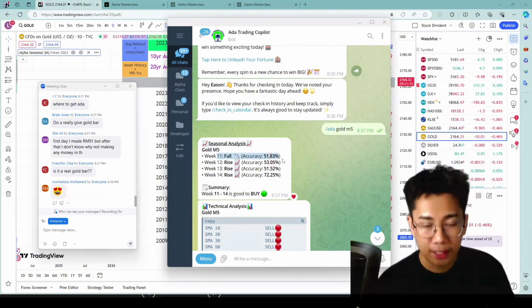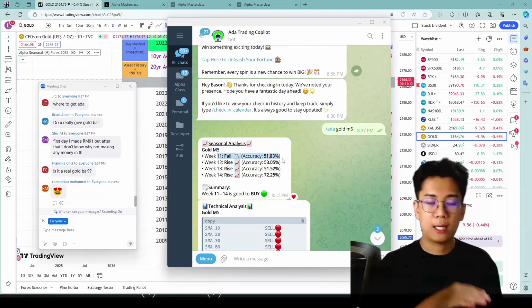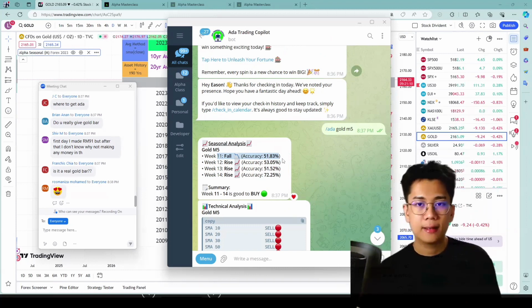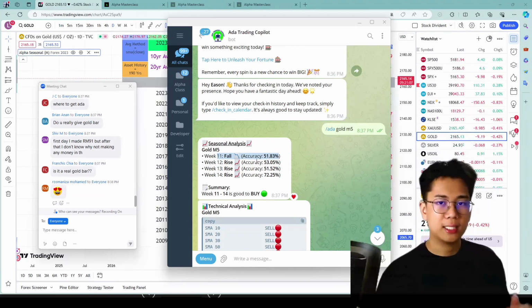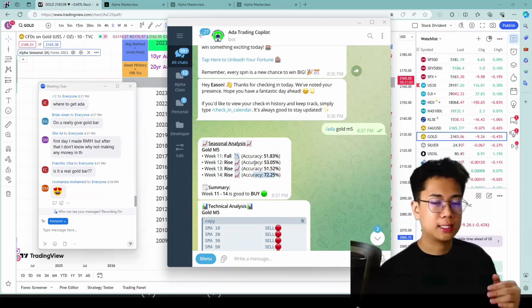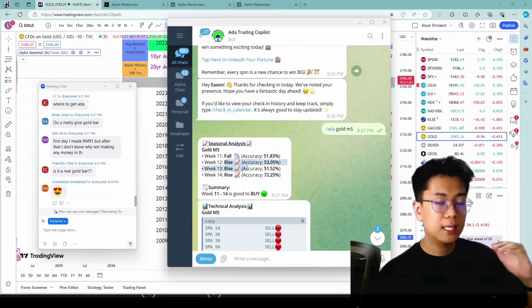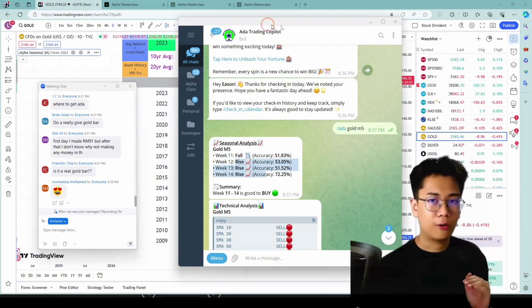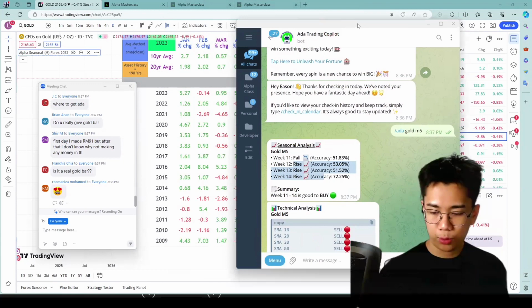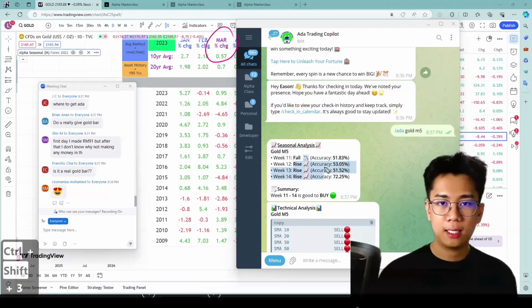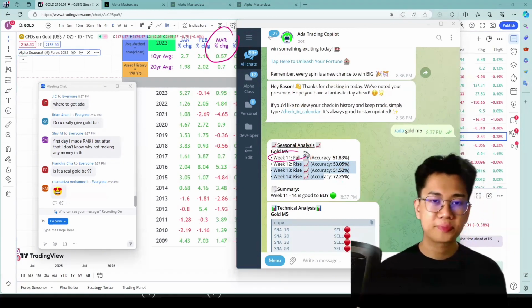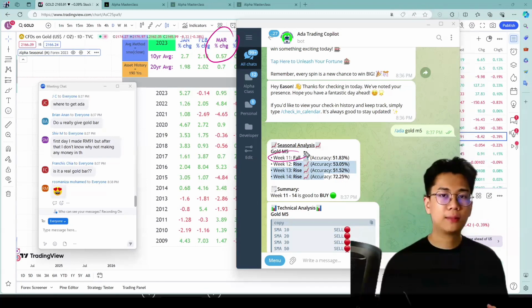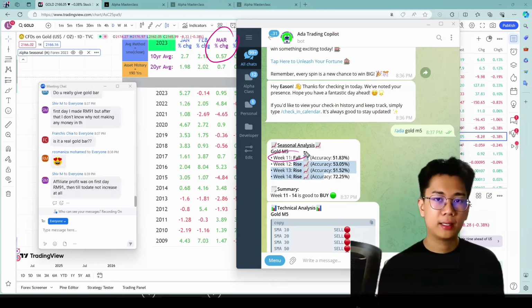At week 11, this week is coming down. Then the next few weeks are up, up, and up, and you can also see that the chances of going up are getting higher and higher. So what does this mean? There is a conflict between the monthly seasonal and the weekly seasonal. So let's come to two ways of thinking.